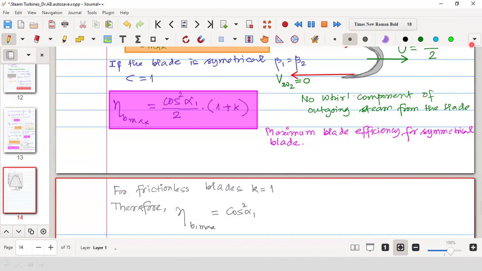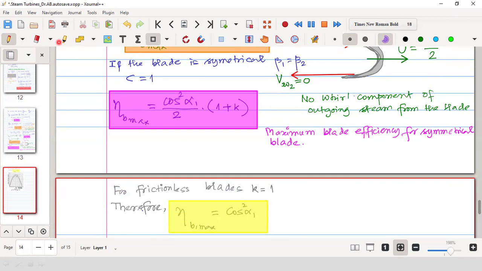Now, therefore, this is the condition for maximum blade efficiency with no friction, and symmetrical blade.